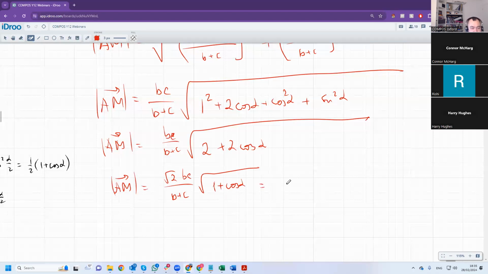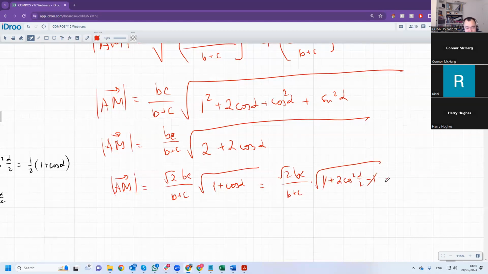1 plus cos alpha, of course, square root of 2 bc over b plus c multiplied by 1 plus cos alpha over 2. So that is 1 plus 2 cos squared alpha over 2 minus 1. Minus 1 cancels.